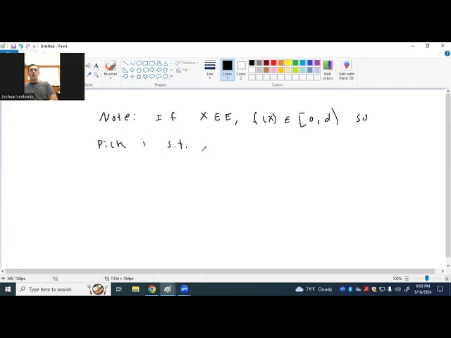So pick an i between 1 and n where f of x is in y_{i-1} to y_i. We just said that these partition 0 to d, so I can always pick an i where this is true. That means, by definition, x is in the inverse image of y_{i-1} to y_i.